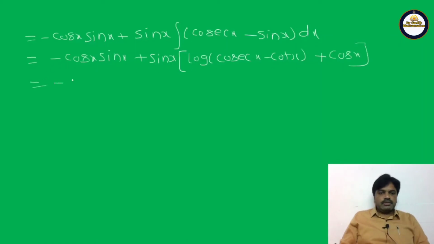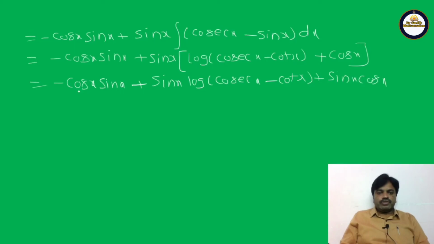That gives minus cos x sin x plus sin x log of cosecant x minus cot x, plus sin x cos x.